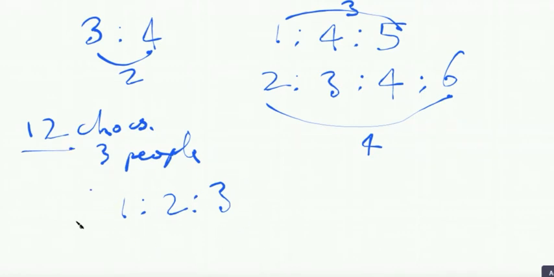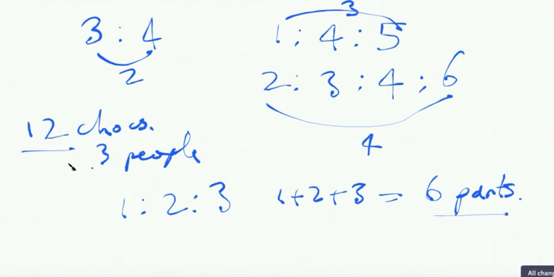Right? Let's work out the total of this ratio first, and then we can work out how much 1 part is worth. So 1 plus 2 plus 3 tells us that there's 6 parts in total.